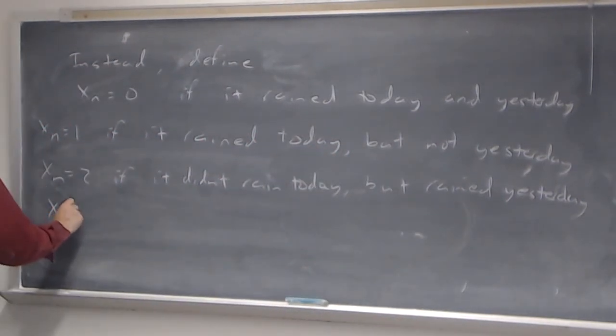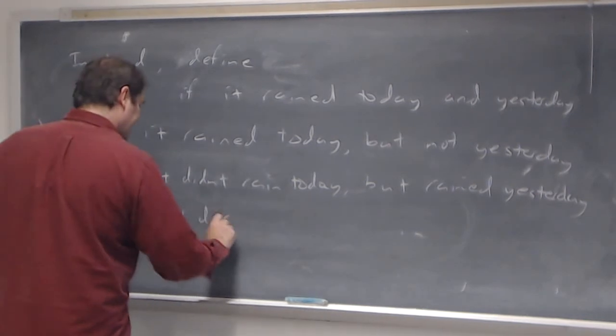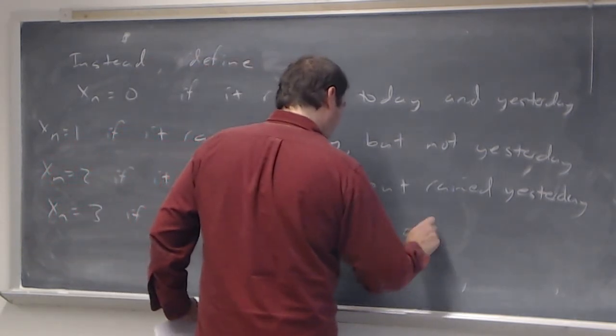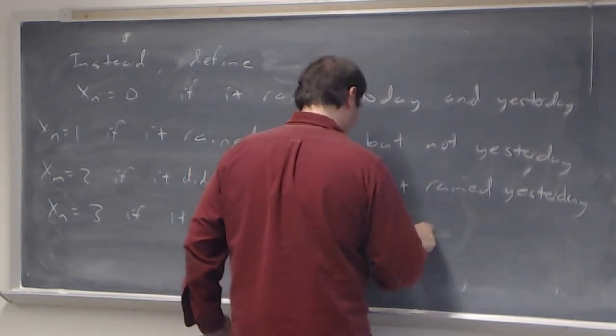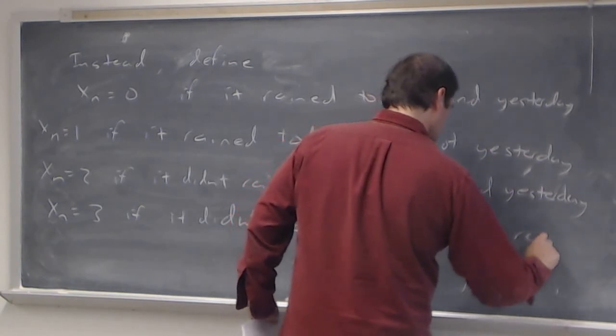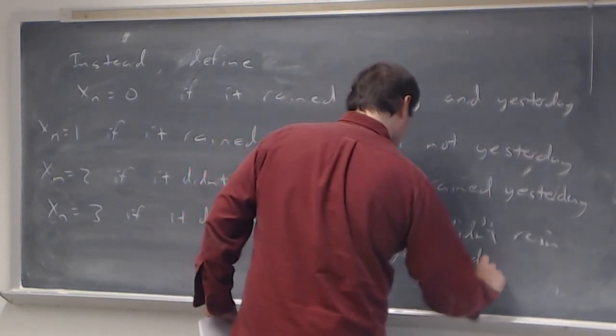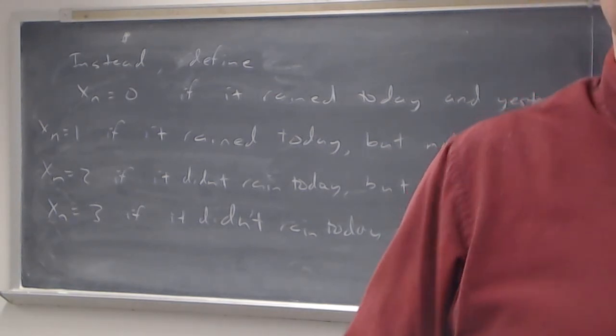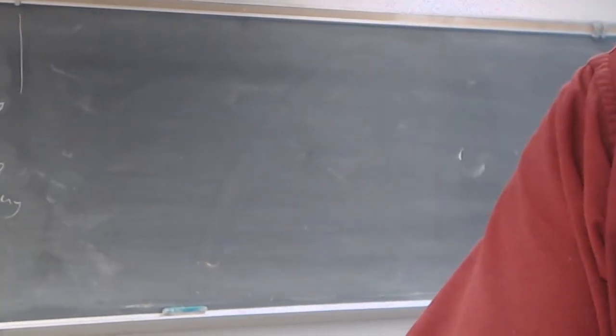And x sub n equals 3 if it didn't rain today, and it didn't rain yesterday. Okay.